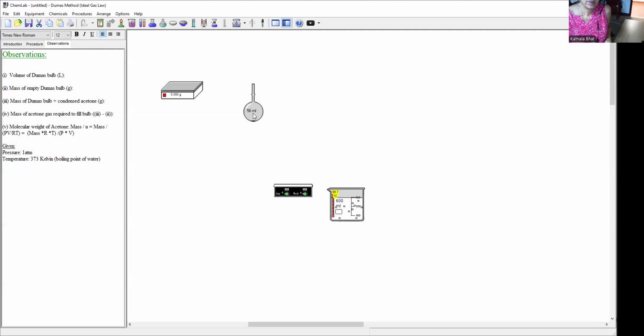So then we take the flask, put it on top, and you record the mass of the bulb and the condensed liquid. Once you do that, you can go to 4, and it tells you how to calculate the mass of the acetone.